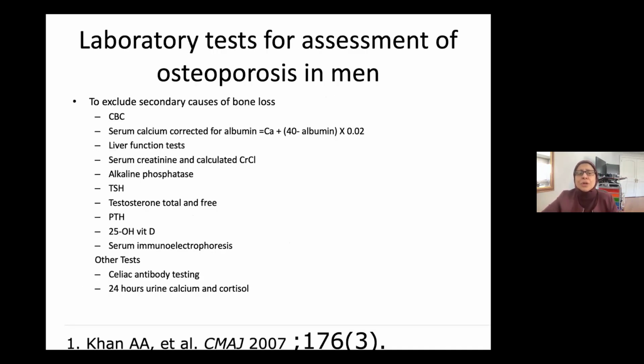And we have to do a careful lab evaluation to exclude these factors. In men, evaluate gonadal function, and in women who are not yet into menopause, again, we have to evaluate gonadal function, and we evaluate all of these lab tests and exclude secondary causes of osteoporosis. This is key before we move to the next step, which is to treat a patient.